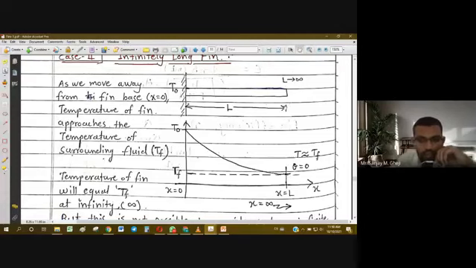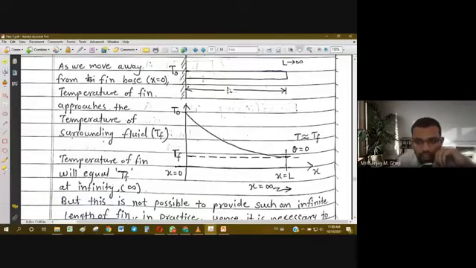At the tip of the fin, as we move farther away from the base, and at infinite length, let us say the length is going to infinity, the temperature at the tip is approaching the temperature of the fluid. So the temperature difference at the tip will tend to zero.